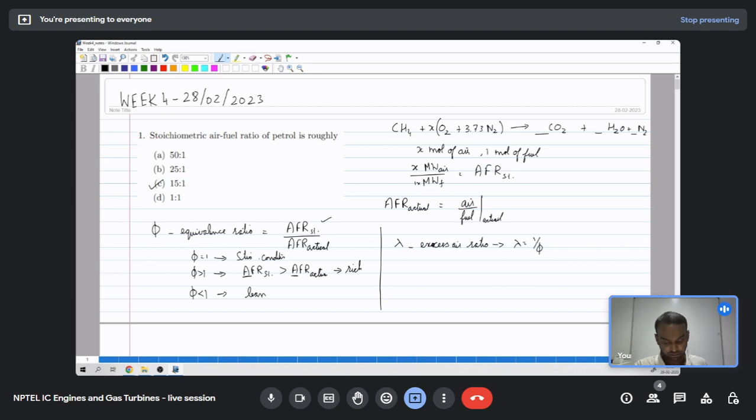So this is another way of expressing the air-fuel ratios. These are the terminologies you will come across in many problems, and even in research papers or real life. If you have any questions, you can ask me now, or I will move on to the next question.